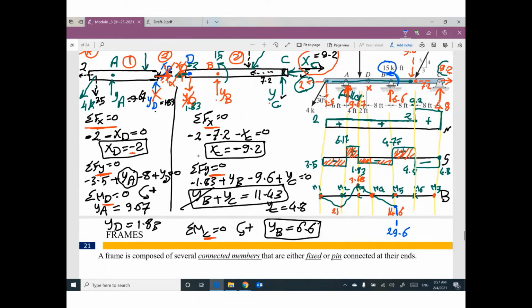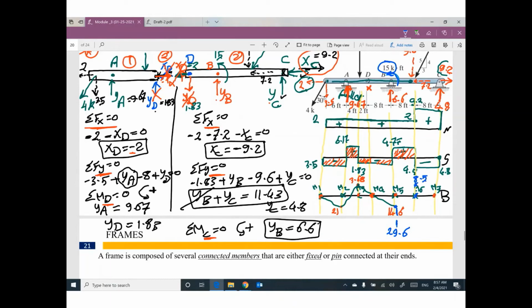So if you are calculating moment M6, the previous value will be negative 29.6, plus area of shear in between, 4.77 times 8, you will have positive 8.5.